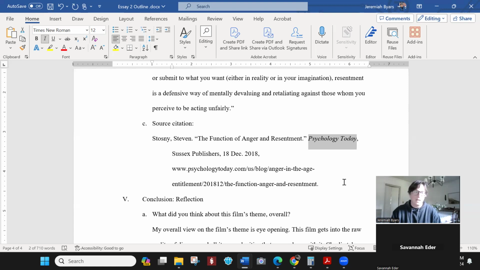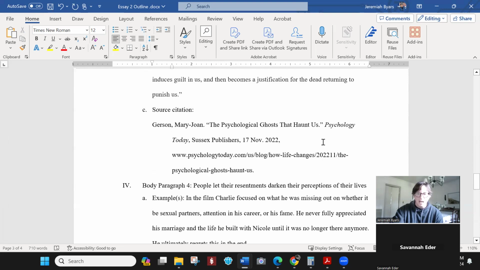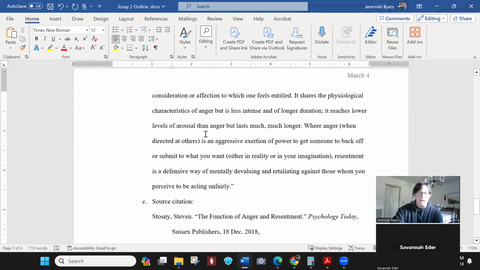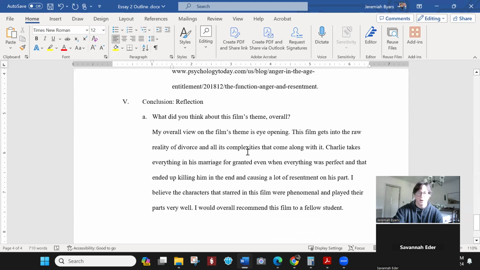You could have 3 different Time magazine articles, as long as they're different articles. Heck, you can even have them by the same person, but they're different articles. So this person has a Psychology Today article from Stephen Stosny, and a Psychology Today article from Mary Joan Gerson, okay? And that's fine, as long as they are different articles.